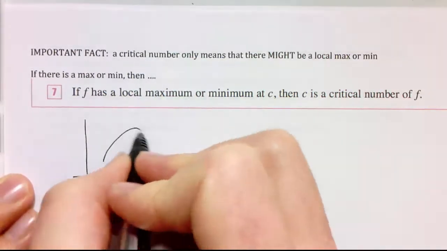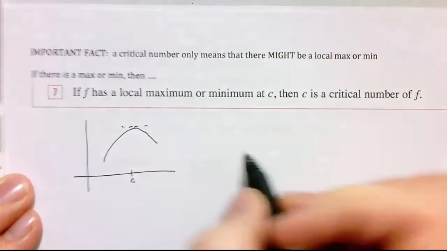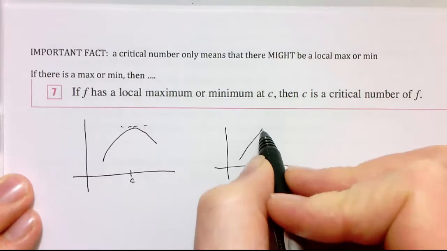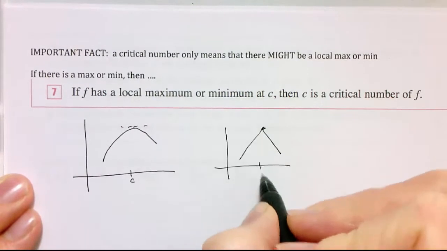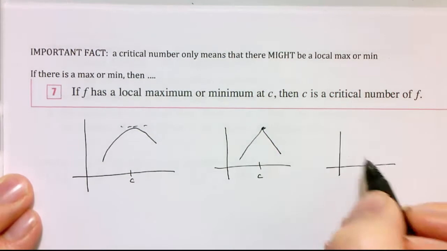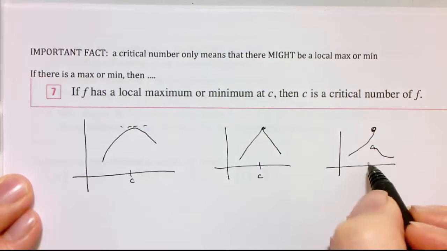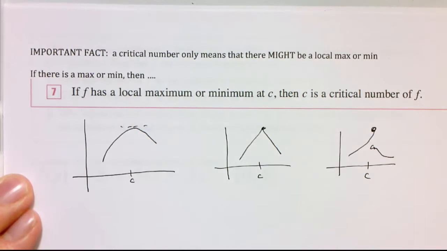If I have a max, say that kind, then I've got a critical number there because the derivative is 0. If I have a max with a corner, say, I've got a critical number there because the derivative fails to exist. If I have a max at some kind of a discontinuity, that's a critical number because the derivative fails to exist.